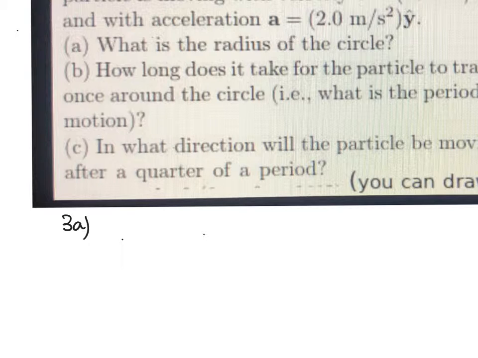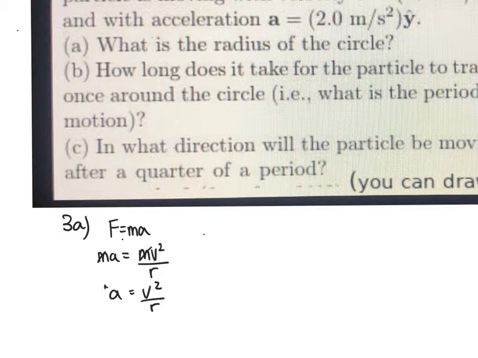So we know F equals ma, right? And the centripetal force is mv squared over r. Okay, we can cancel the mass.